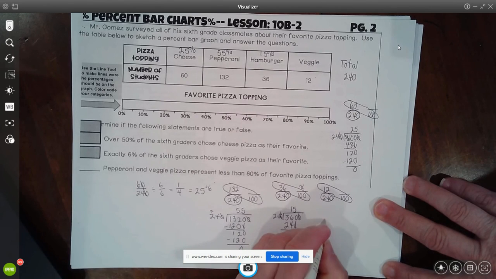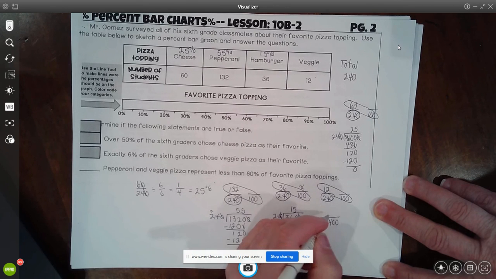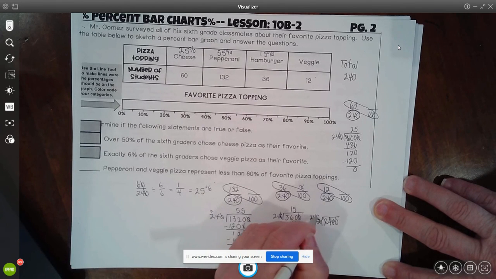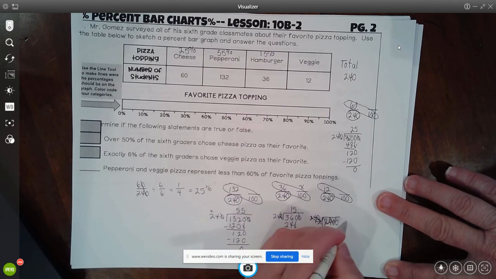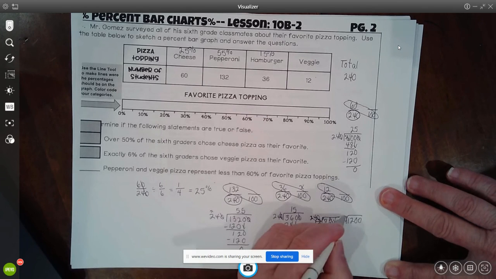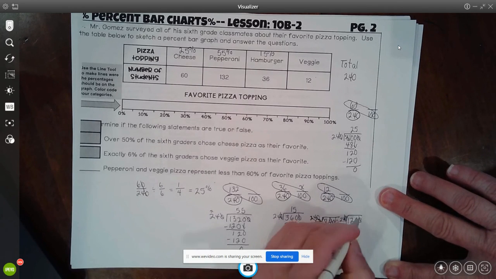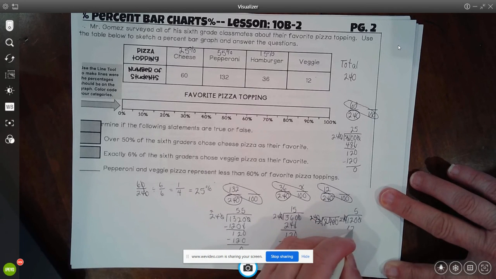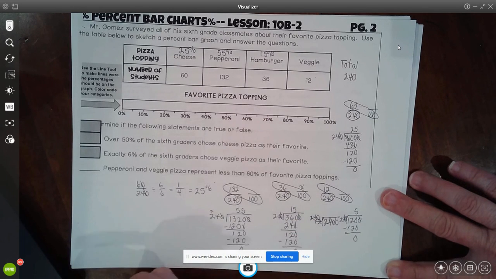So that's 1,200 divided by 240. Sorry, guys, I messed up on that one. Let's try that again. 1200 divided by 240. If I drop that 0, 24 into that goes 5 times. And that is 5%.